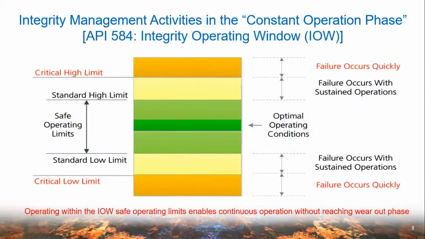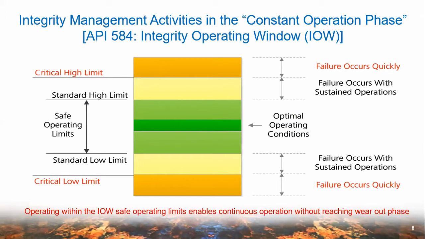For this purpose, the Integrity Operating Window concept, published by the American Petroleum Institute, API 584, is very valuable. The premise of IOW is that if we operate the pipeline within the optimal operating conditions, the pipeline will be safe.